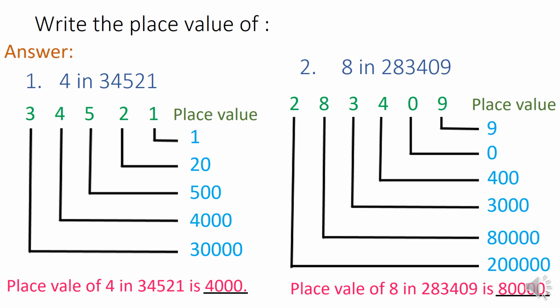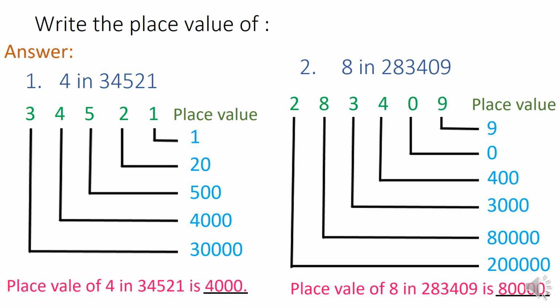2,83,409. This number has 9 ones, 0 tens, 4 hundreds, 3 thousands, 8 10,000s and 2 lakhs. So the place value of 9 is 9. The place value of 0 is 0.